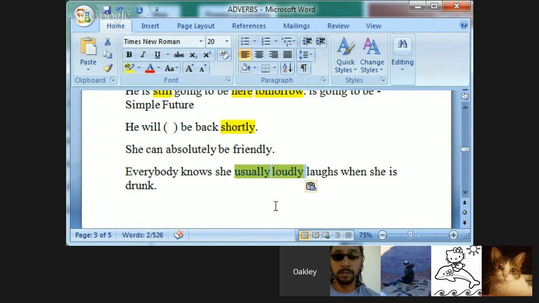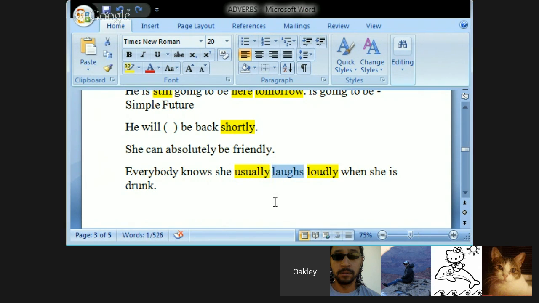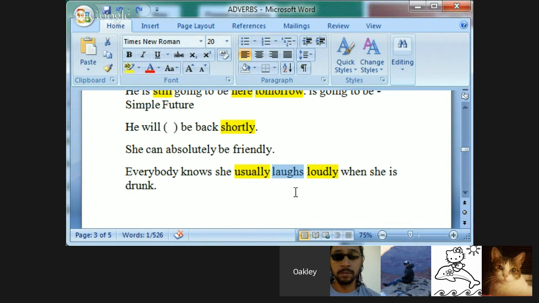Actually, what Mark did is exactly correct. This is the strategy right here. You want one time adverb, you want one manner adverb. They both have different functions. You want both of them to modify the verb. You have to separate them.